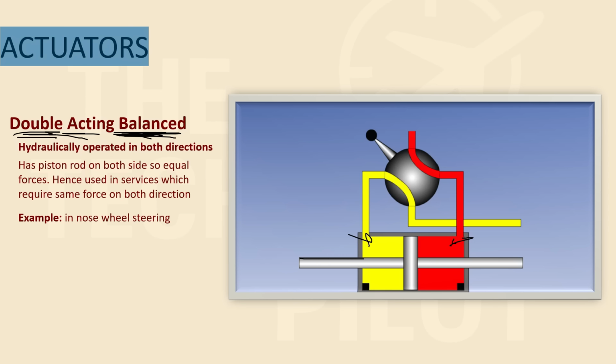So the piston rod is attached on both sides, so both sides will get the same area and hence they will have the same force. It is used in services that require the same force in both directions. For example, in your nose wheel steering, and yeah, that is it in actuators.